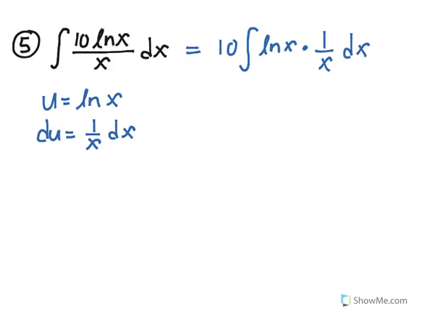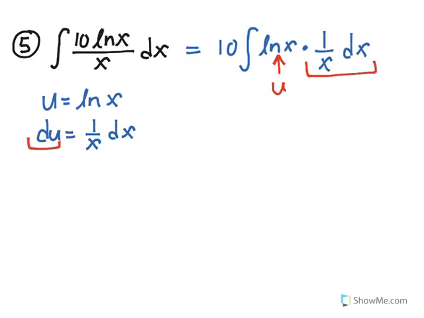We can split that apart if we want to. If you multiplied all of this back together, you'd get back to 10 ln x over x. So this is going to work out quite nicely because this right here, du, will be equal to this part over here. And then this will just be u.